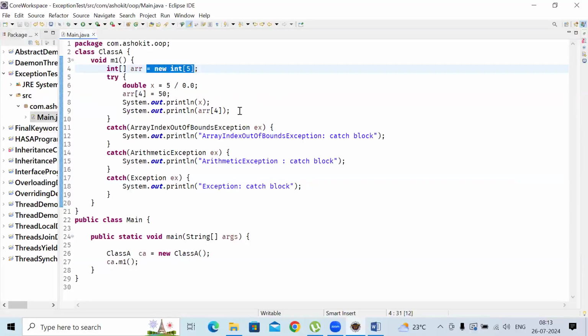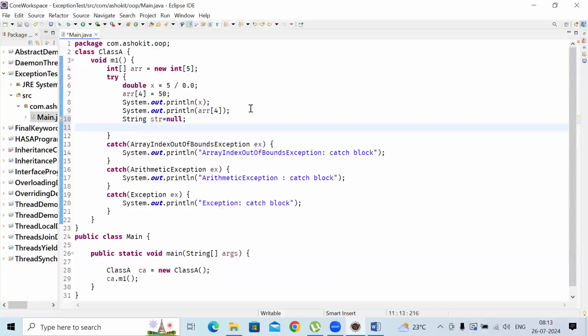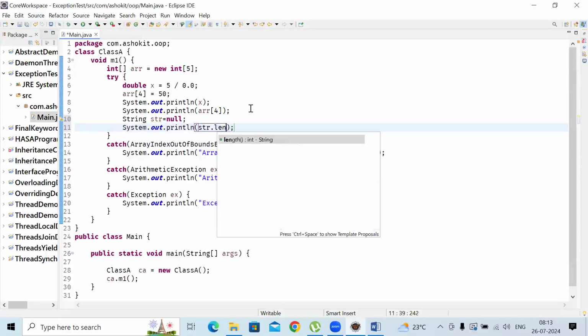Now there is no error. Here I am writing, just observe it: String str = null; System.out.println(str.length()).